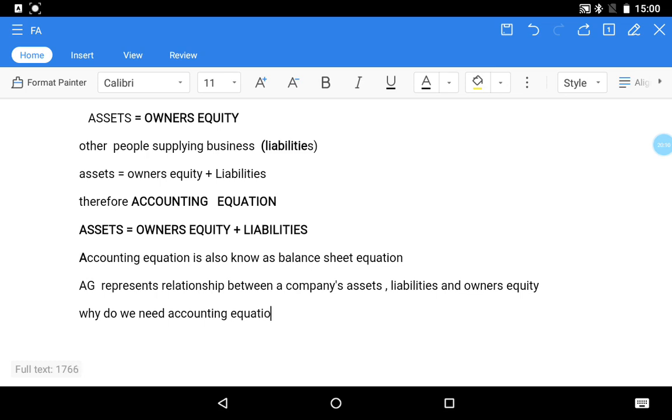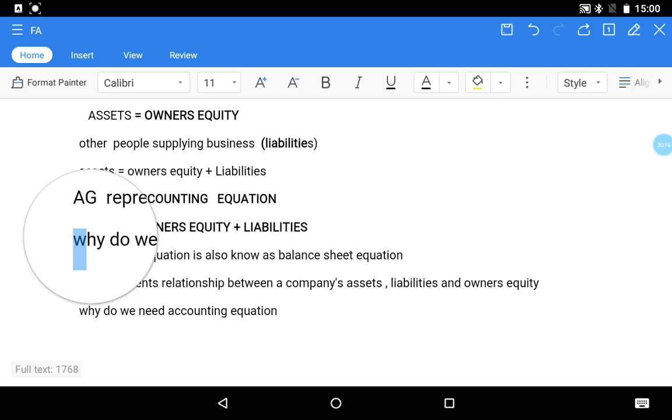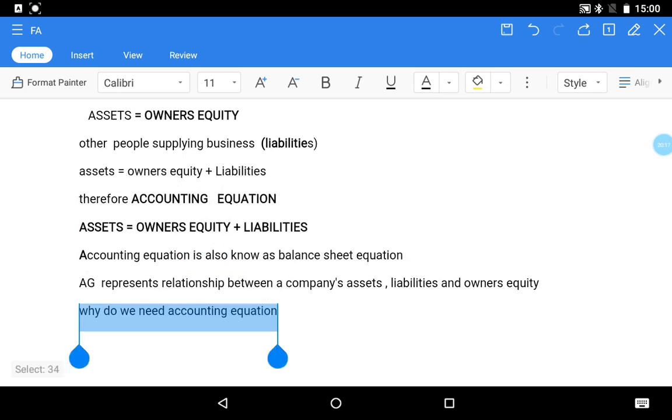We are going to look at some of the information. So why do we need the accounting equation? And there's one: it ensures accuracy.